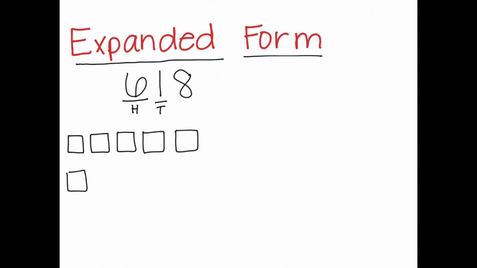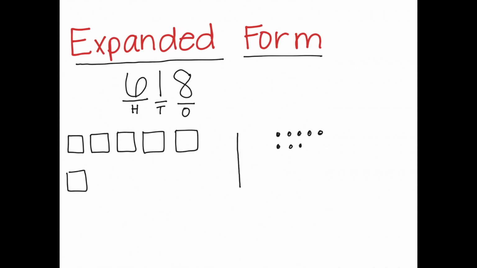Now that 1 is worth 10. So I'm going to draw a 10 stick. And finally, in my ones place, I see the number 8. So that number 8 is worth 8 ones. 1, 2, 3, 4, 5, 6, 7, 8.